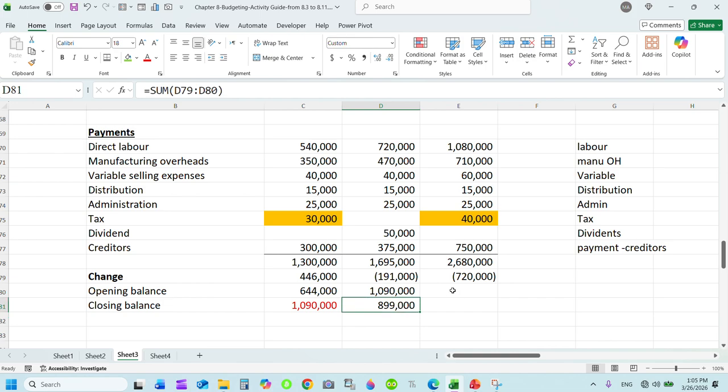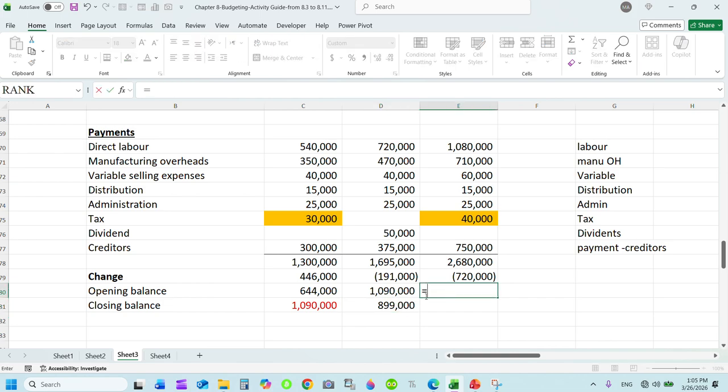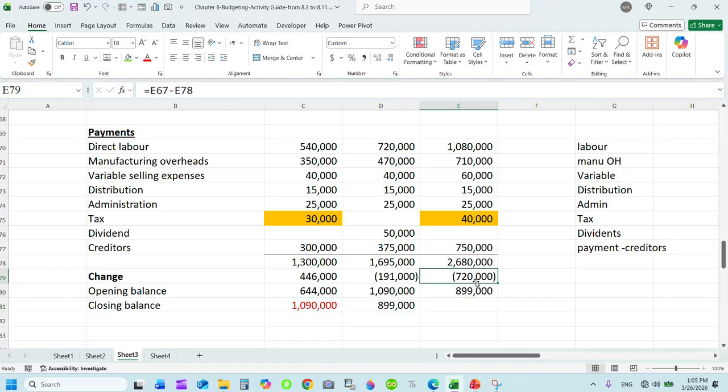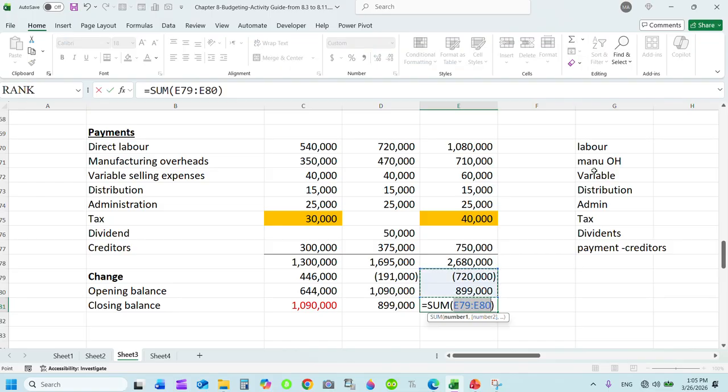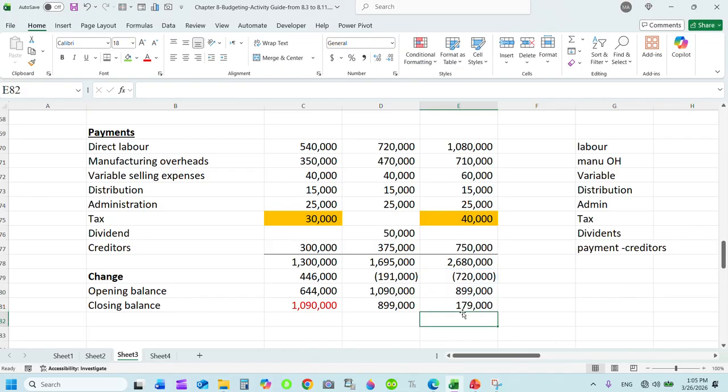This closing cash balance will be equal to next month's open cash balance. Then this plus this will be your closing cash balance. So this is the cash balance that must be available in your balance sheet that you prepare at the end of the period, for the quarter ended.